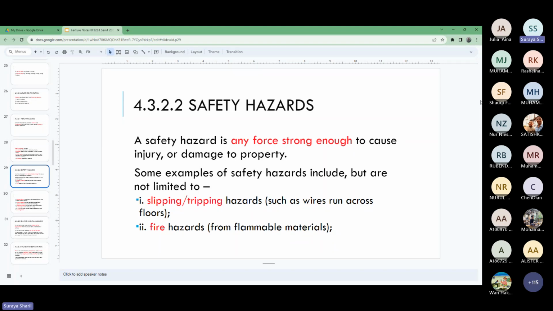For example, if there's a wire or pipe crossing the floor, there will be bright lines, like a zebra line, in order for the users of the lab to be aware of the possible hazard that may occur.